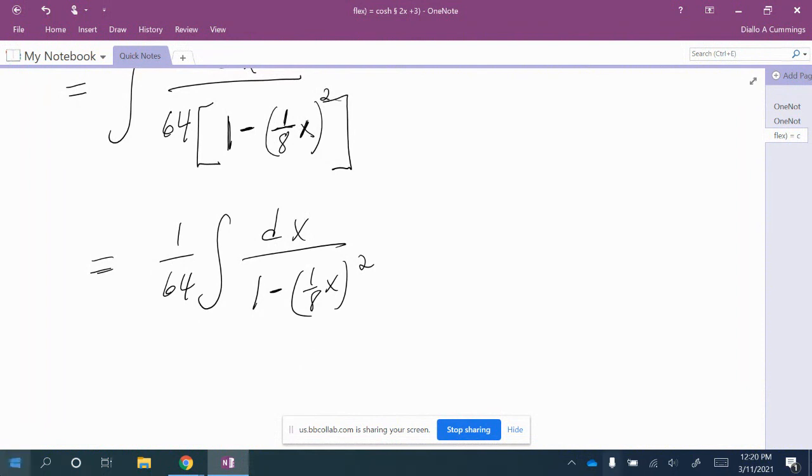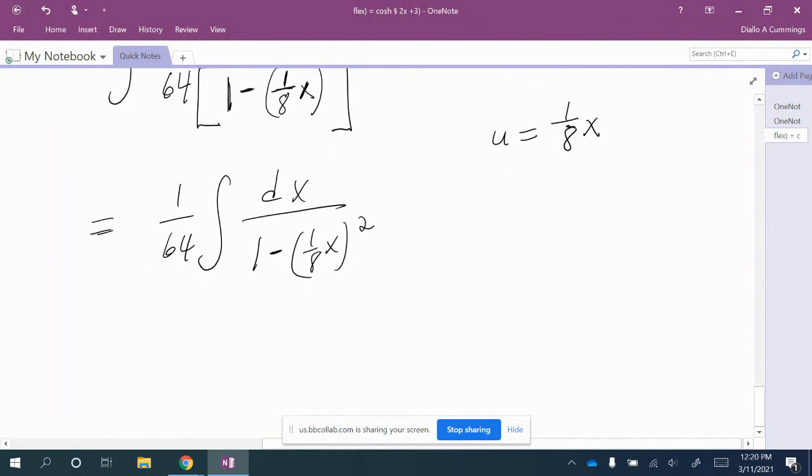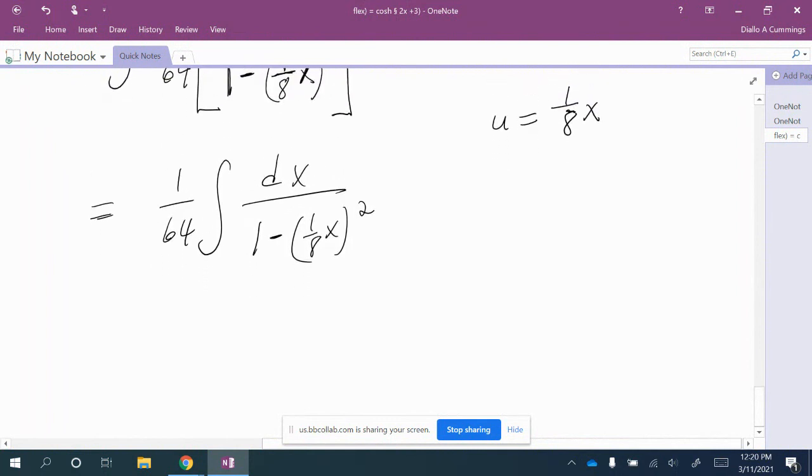So now I can fit my formula using this denominator because it's in the form 1 minus 1/8 x squared. So I'm going to substitute u for 1/8 x. Right? Because here's what that will allow me to do.